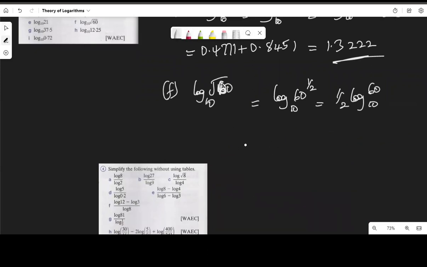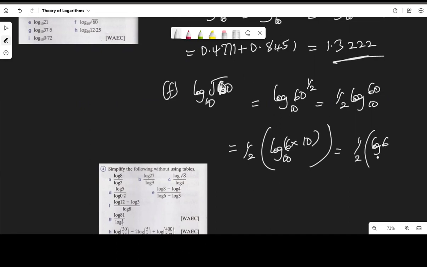So we have half multiplied by log 6 times 10 to base 10. I put this half outside the bracket because it multiplies everything. That will be half, bracket, log 6 to base 10 plus log 10 to base 10.